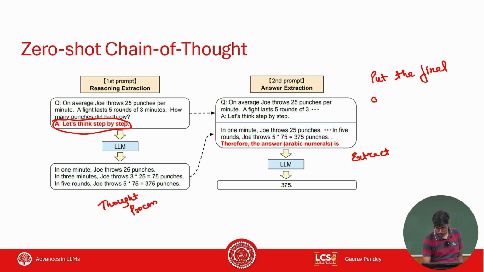Put the final answer within boxed. We do this so that whatever is inside the box we can extract and then check whether the response was correct or not. So this is zero-shot chain of thought prompting, where you don't need to provide multiple examples with chain of thoughts.